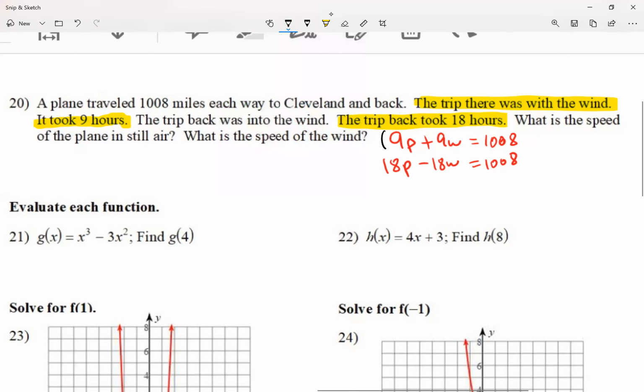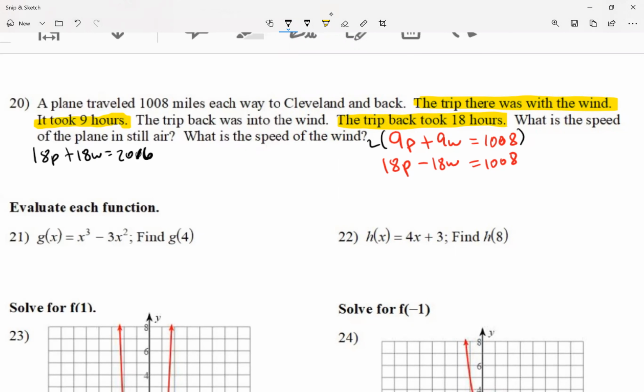What I'm going to do is let me multiply the first one by 2. Okay, so that's gonna give me 18P. I'm gonna start here. 18P plus 18W is equal to 2016.